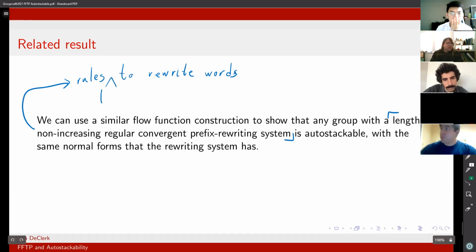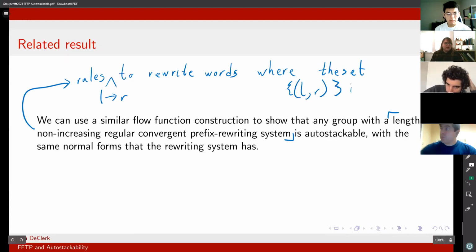Let's say all of those rules are left goes to right, where the set of all of these pairs, LR, is regular, and the size of R is smaller or equal to the size of L.